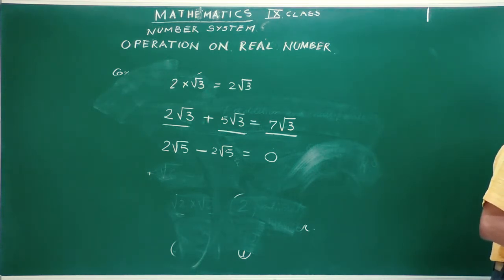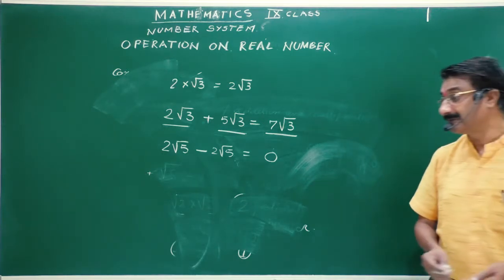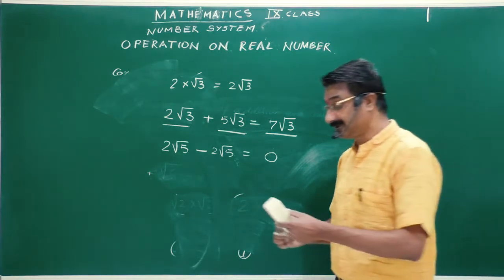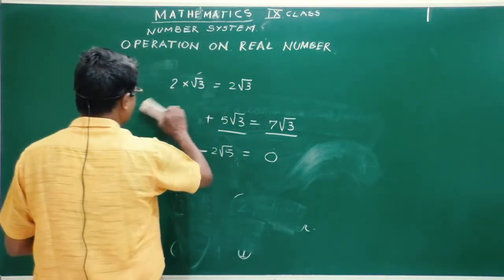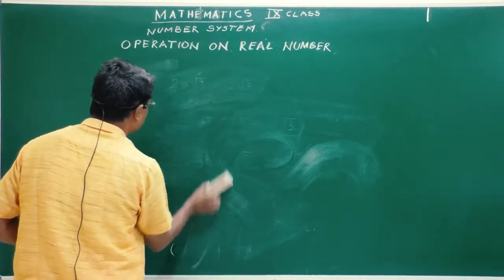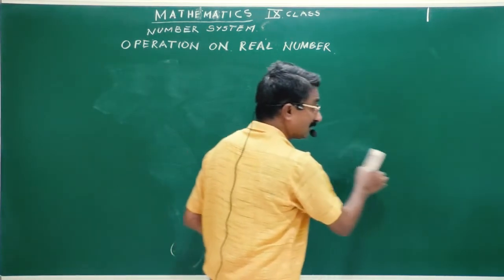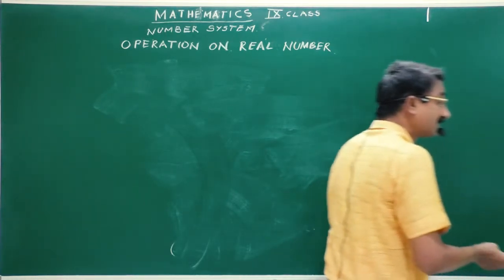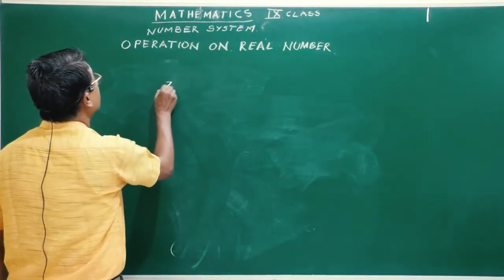Example 12. Check whether 7 root 5, 7 by root 5, root 2 plus 21, pi minus 2 are irrational numbers or rational numbers. This is the example on page number 18 of the CBSE NCERT book. I am just writing it on the board. First one is 7 root 5.